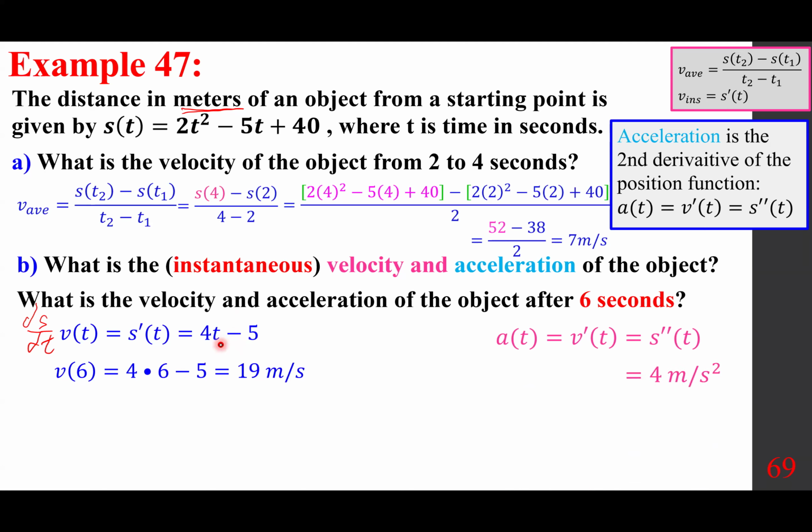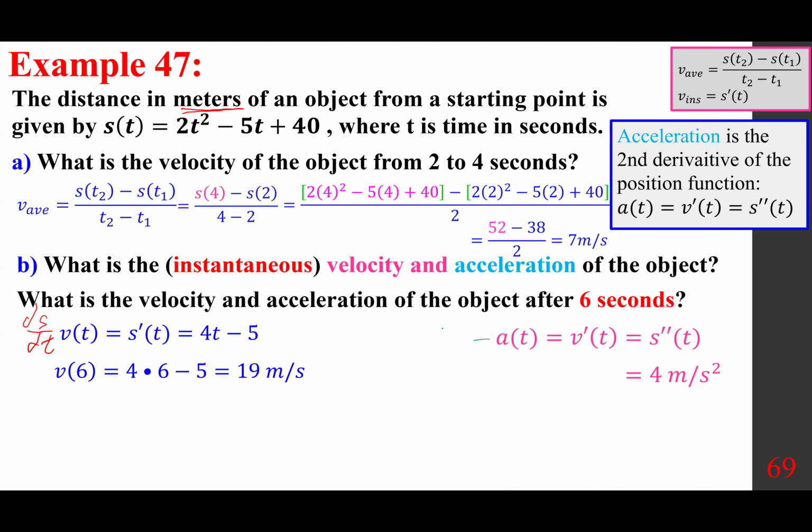So the answer is 4, and that means it's independent of t, and whether it's 6 seconds or 5 seconds or 2 seconds, this number doesn't change. But the units are meters per square second. Why is that? I want to quickly show you the reason for that.